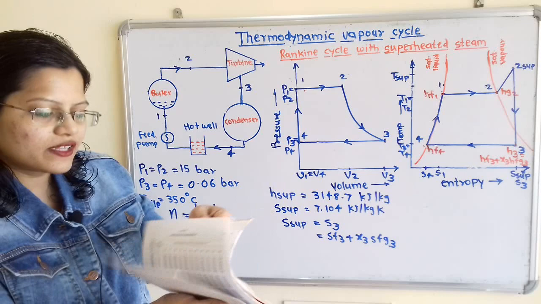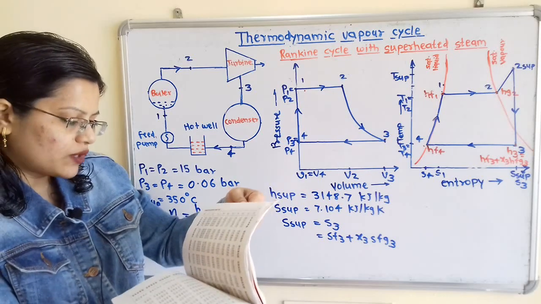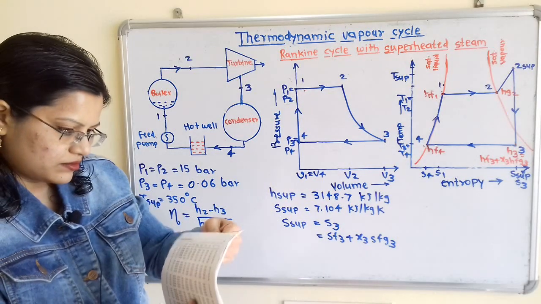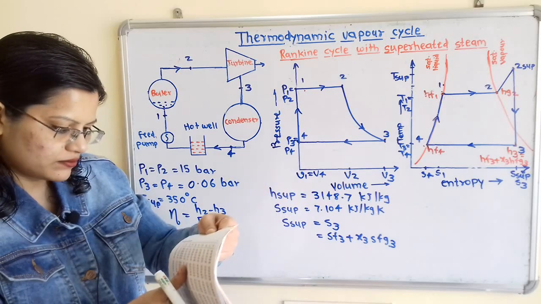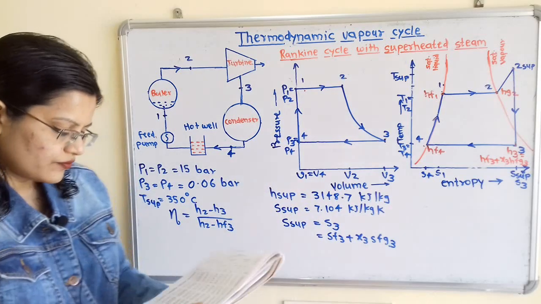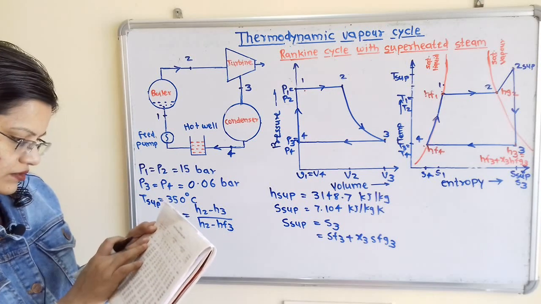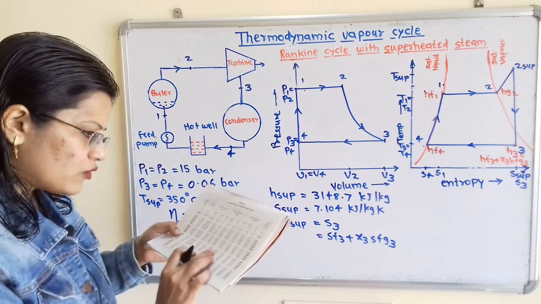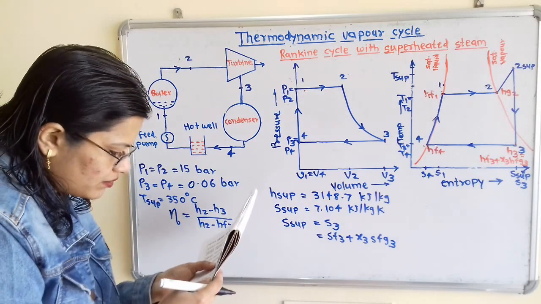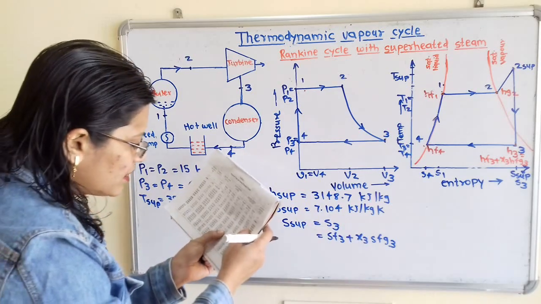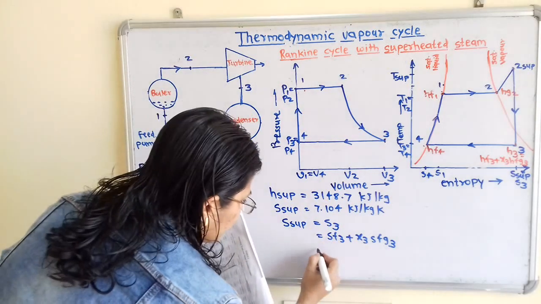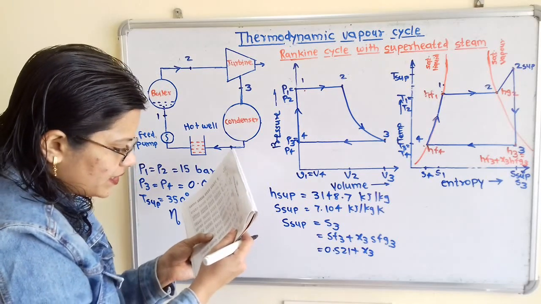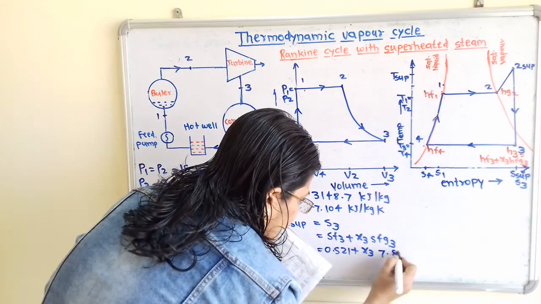So again we refer to the pressure table. At 0.06 bar we take the values of entropy, SF and SFG. So I will write SF is 0.521 plus X3 into SFG, which is 7.810.